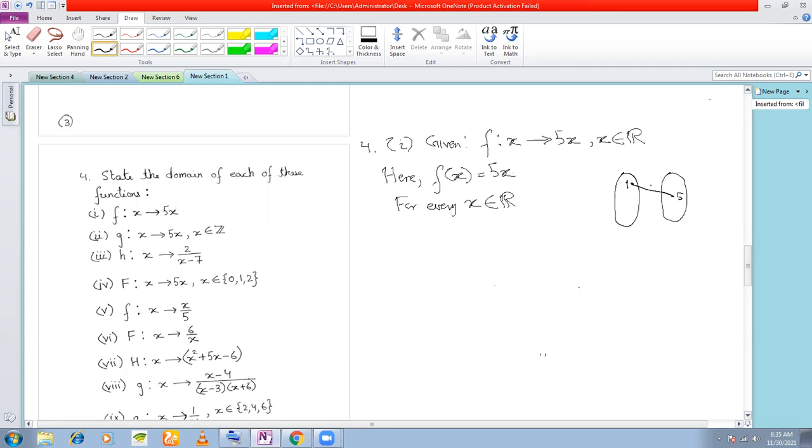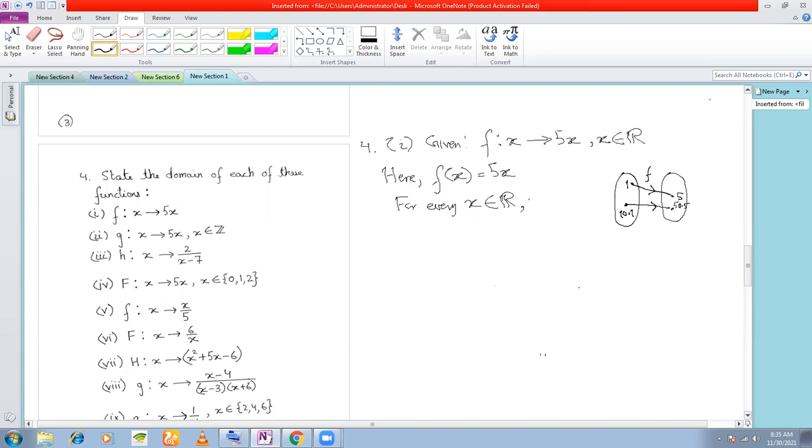So 1 is being mapped to 5. Take x is equal to, let's say, 10.1. What is the image here? 50.5. So what is happening? Any real number that you are taking, you are getting a distinct image, right?